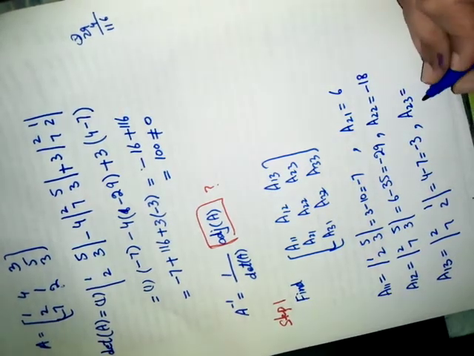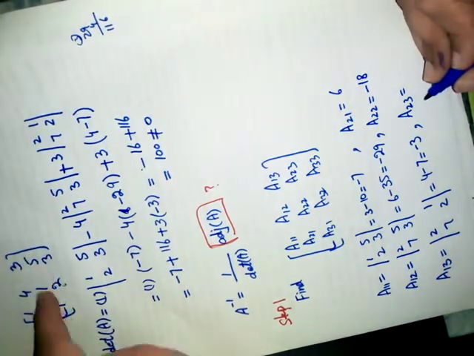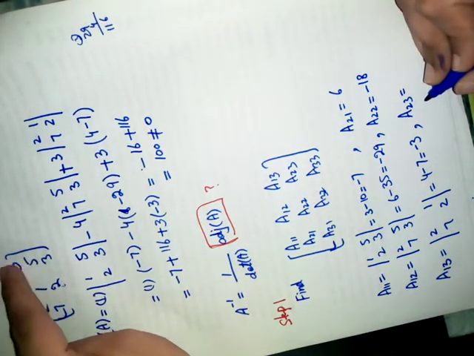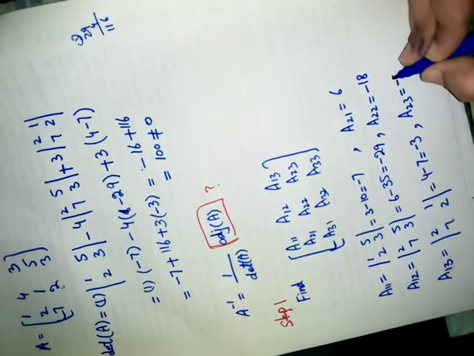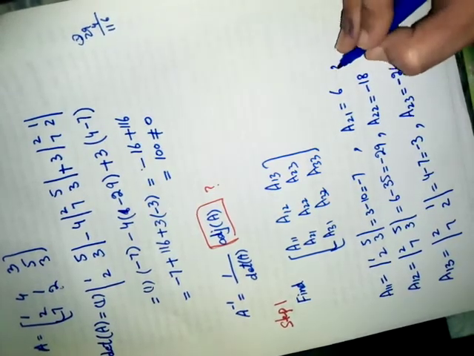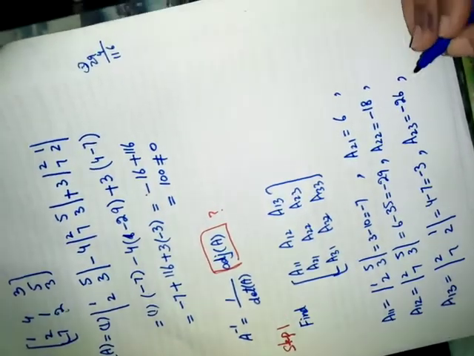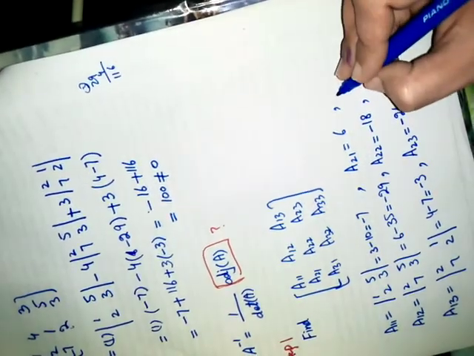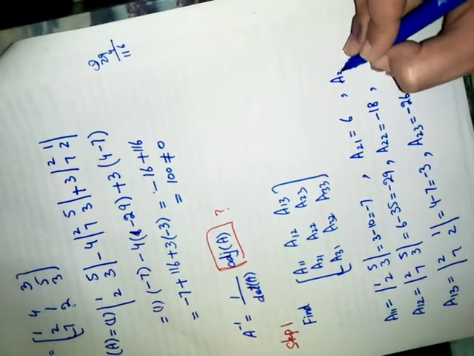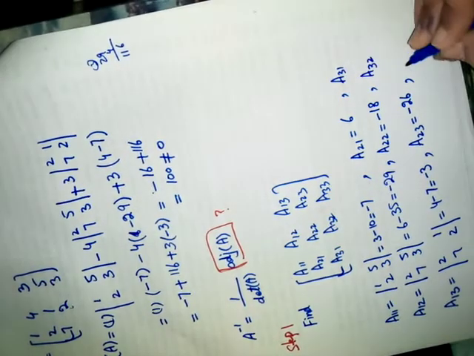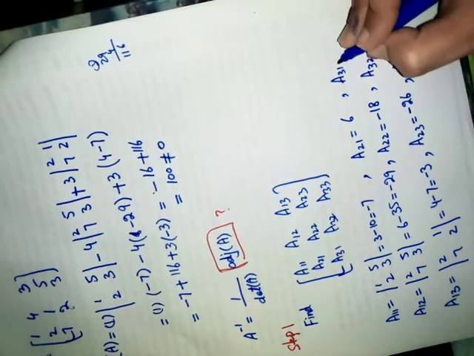A23, leave the second row and third column. It will be 1 4 7 2, 2 1 the 2 minus 7 4 the 28, 2 minus 28 will be minus 26. Similarly, evaluate A31, A32, A33.